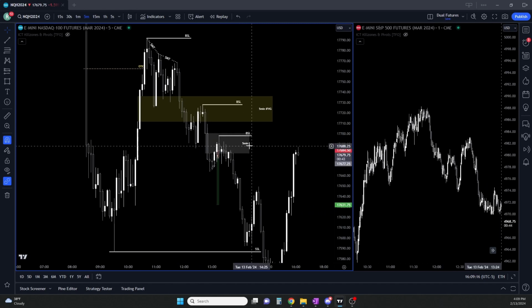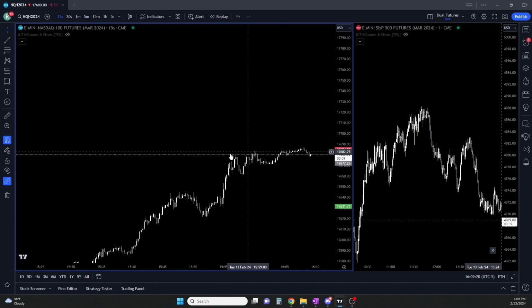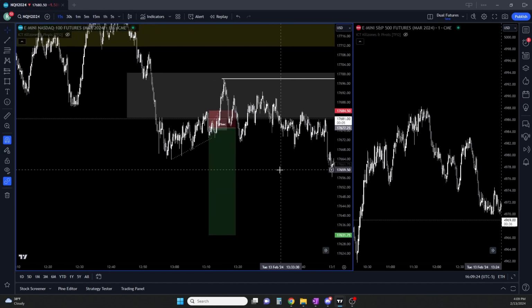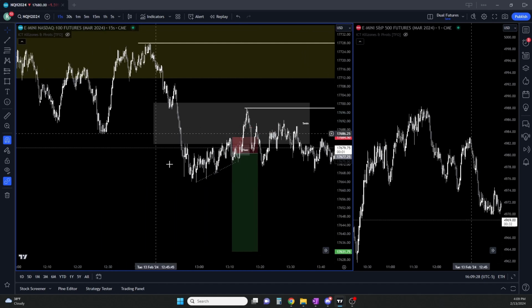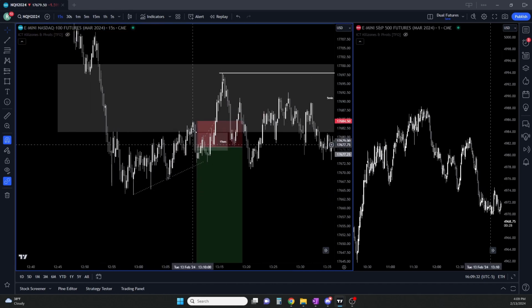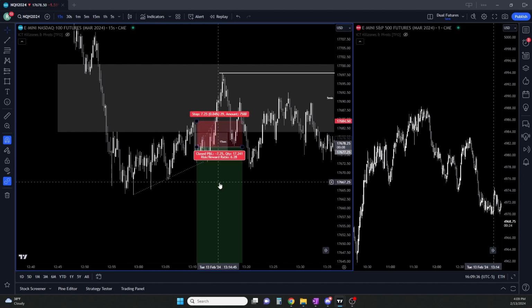So we had this 5-minute fair value gap, and I'm still looking for possibilities to enter. Zooming in, we had a pullback to this 5-minute. We had this accumulation of liquidity. All of these lows were still intact.